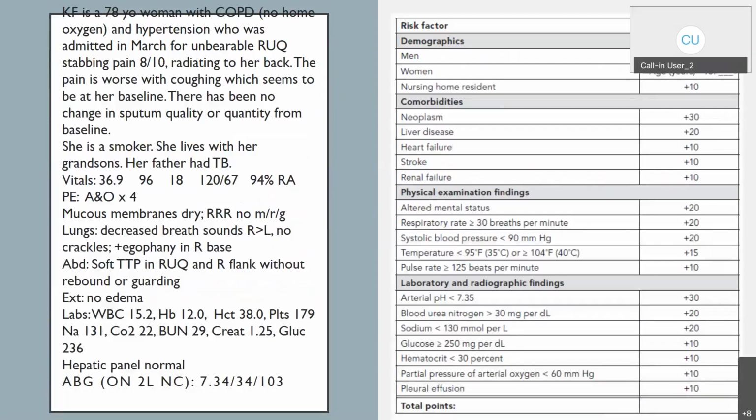So this is a summary of the case that we started talking about, and I want you to take a minute to either use the table or your app to calculate her PSI score.